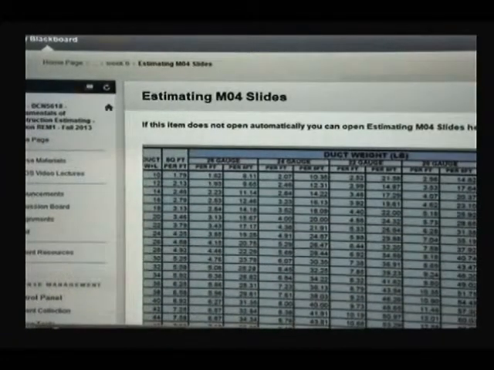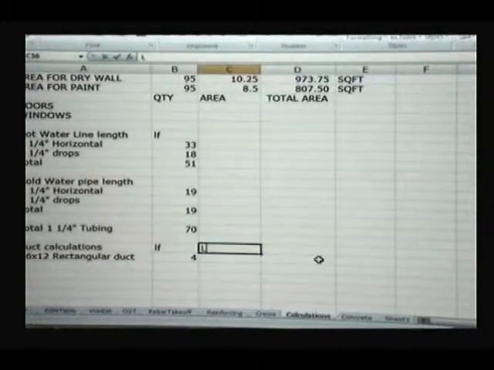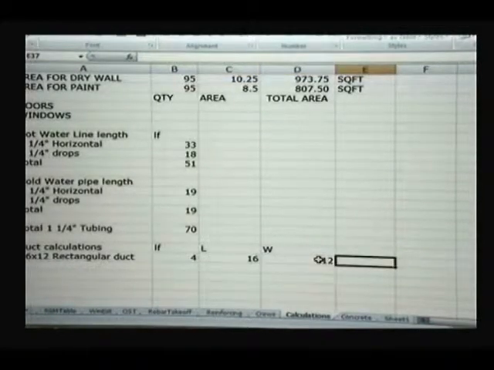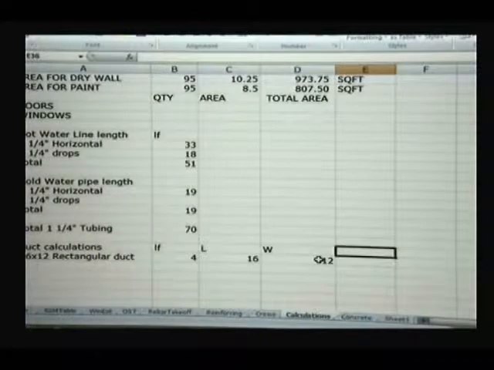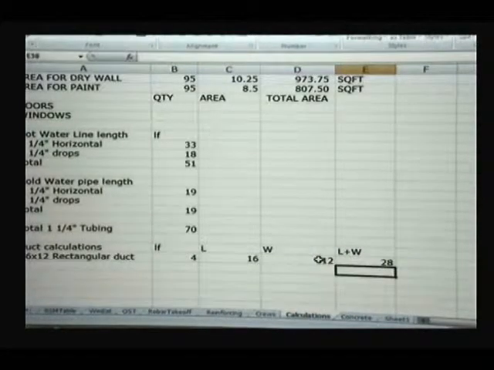So how much is L and how much is W? 16. Yes. And 12. Right? So L plus W is going to be the sum of these two. 28. Right?